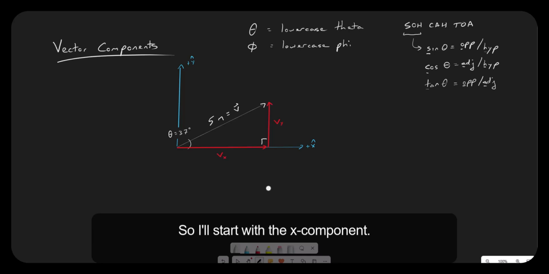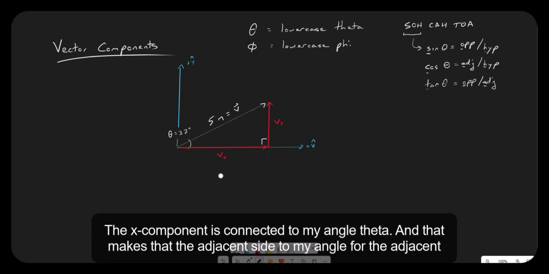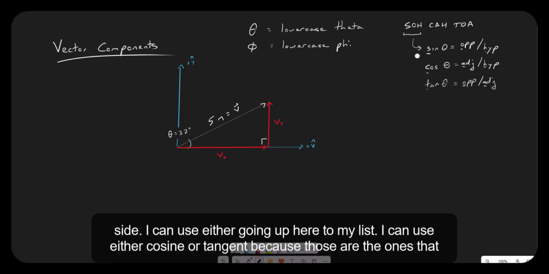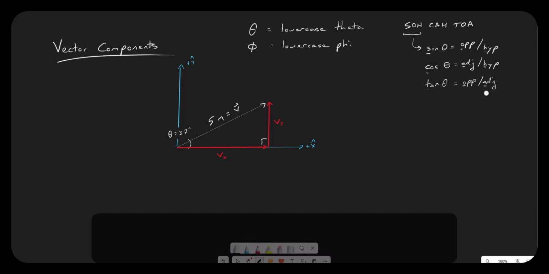So let's start with the x component. The x component is connected to my angle theta, and that makes that the adjacent side to my angle. For the adjacent side, going up here to my list, I can use either cosine or tangent because those are the ones that have adjacent side in there.